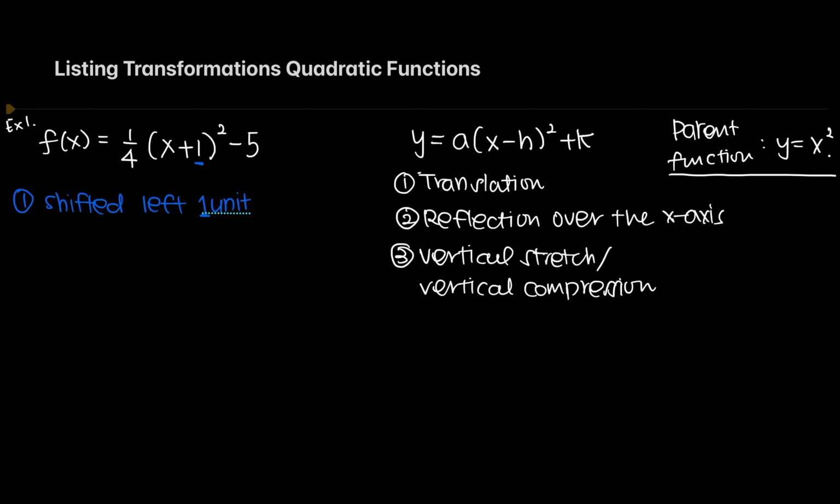Know that left and right is always the opposite of what you see. You see the positive plus 1 right here, so it should be left 1 unit. If this was a minus 1, it'll be right 1 unit. And then we see the minus 5 here, so that will be down 5 units. Obviously, if this was a plus 5, then it'll be up 5 units.